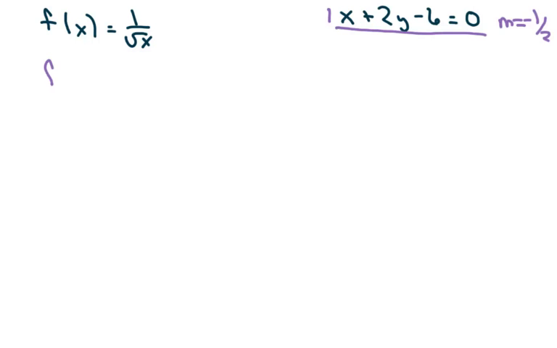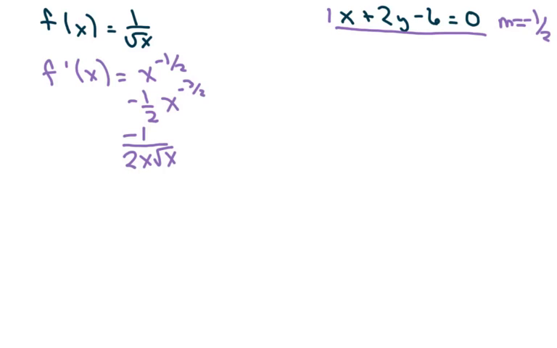This is really x to the negative 1/2, so when you take the derivative, you get negative 1/2 x to the negative 3/2. That's negative 1 over 2x times the square root of x, and that's our derivative.